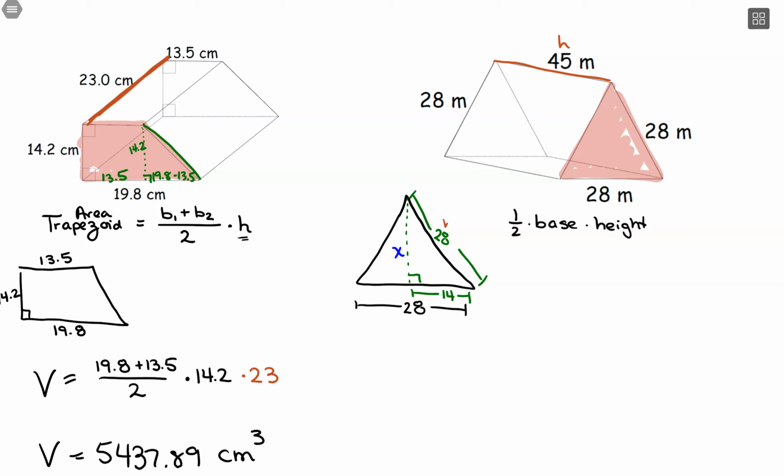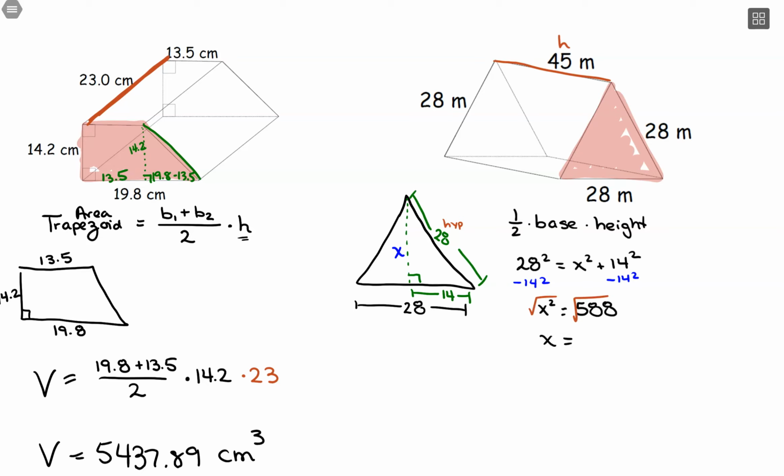So 28 is the hypotenuse. If I use the Pythagorean theorem, I'll have the hypotenuse squared equals x squared plus 14 squared. I'm going to go ahead and subtract 14 squared from both sides. Now I'm just going to plug 28 squared minus 14 squared into a calculator, which should be 588. And then I'll just take the square root of both sides.